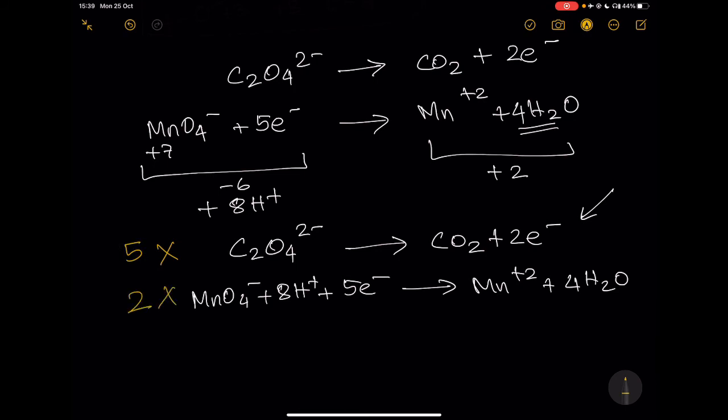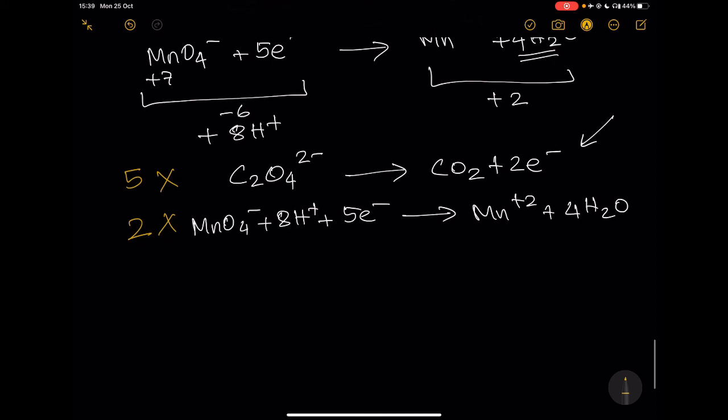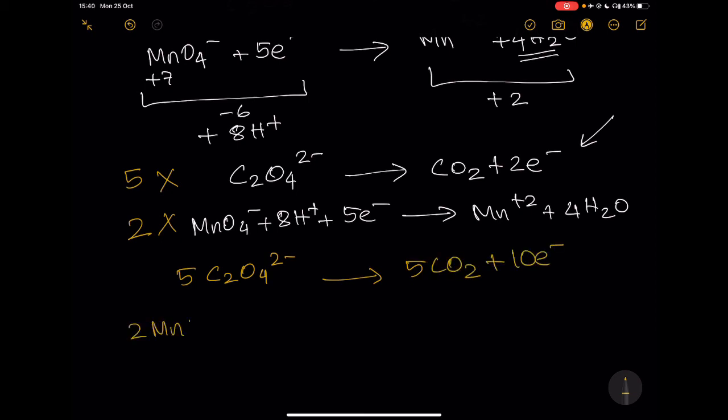permanganate reaction by 2. So therefore, what ends up happening is that you have 5 C2O4²⁻ going to 10 CO2 plus 10 electrons. And then the other reaction is 2 MnO4⁻ plus 16H⁺ plus 10 electrons going to 2 Mn²⁺ plus 8H2O.